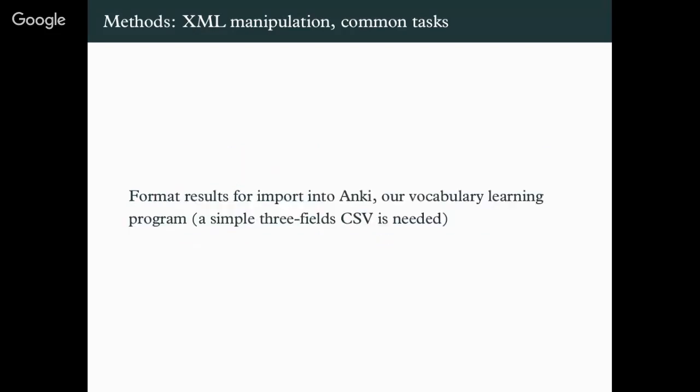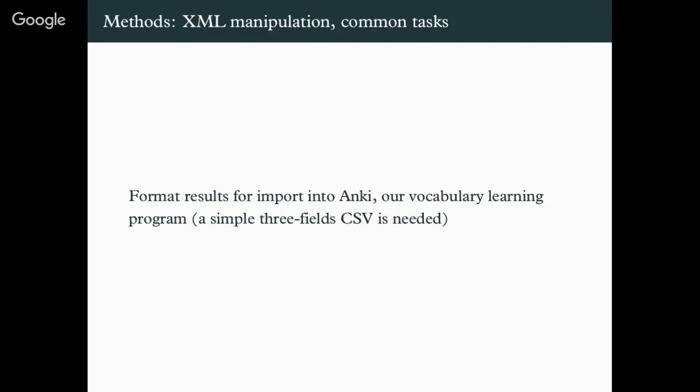Finally, we are using a program to help us learn vocabulary, and to import exercises into this program, we had to reformat the results. So these were our common tasks in manipulating XML.